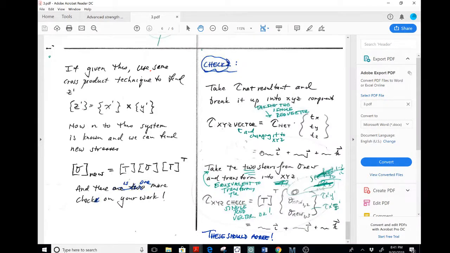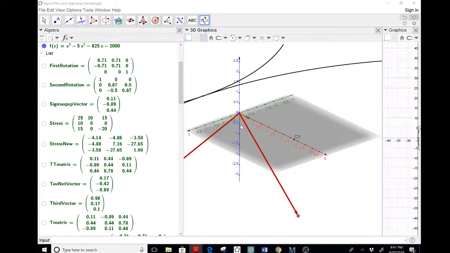So that's a little clunky to do a cross product by hand. You could do it in MATLAB. You could do all of this in MATLAB too. So that check is kind of exhaustive, but not exhausting, I hope.